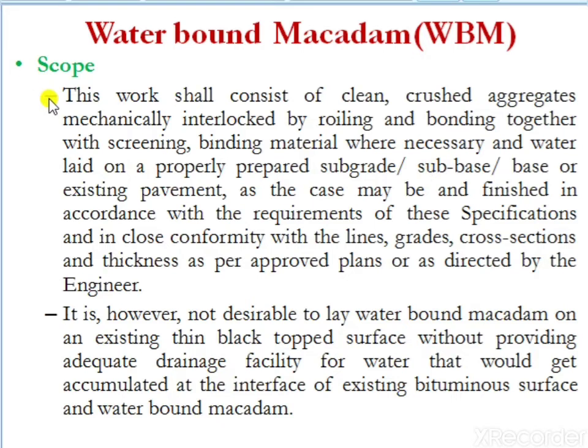This work shall consist of clean crushed aggregates mechanically interlocked by rolling and bonding together with screenings and binding materials where necessary, and water, laid on a properly prepared subgrade or subbase or base or existing pavement as the case may be, and finished in accordance with the requirements of these specifications and in close conformity with lines, grades, cross sections and thickness as per approved plan or as directed by the engineer.